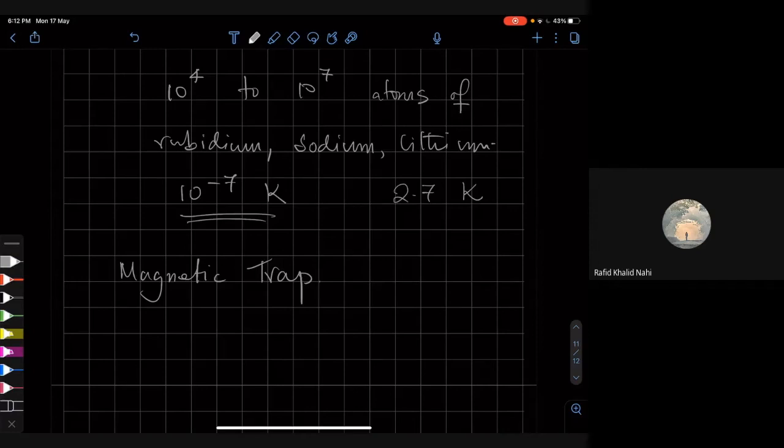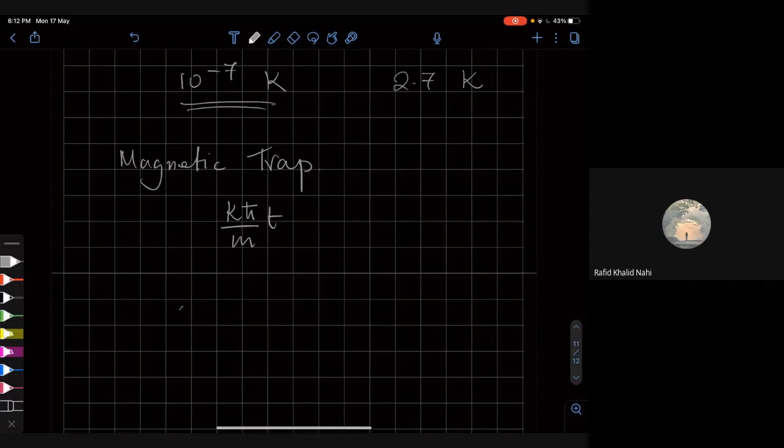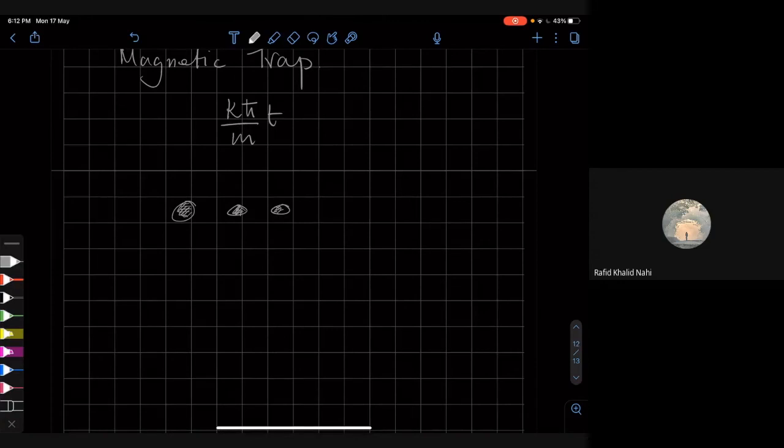And after letting them go for a little bit, they measured after the atoms have dispersed to a distance of, say, k h bar by m of t. Then they took a picture, and from that picture they basically got these smudges, and from the density of the smudges, how far they have traveled, they worked out what the velocity distribution was.